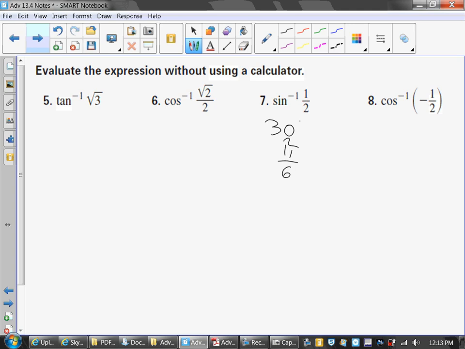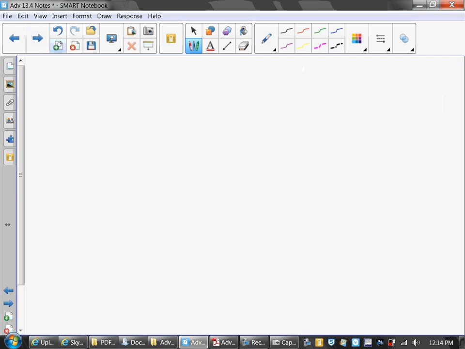What if you give something like, I don't know, cosine inverse of 22? If it's cosine inverse of 22, you're going to use your calculator. You use your calculator, second cosine 22, hit enter, and you're going to get a decimal. And that's the second part of this lesson. This is where it brings back from geometry.